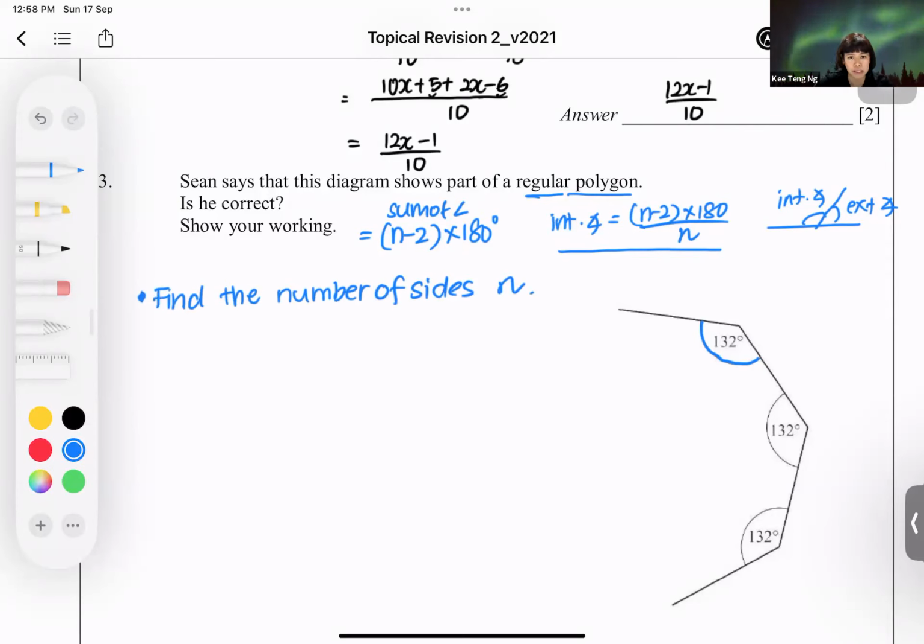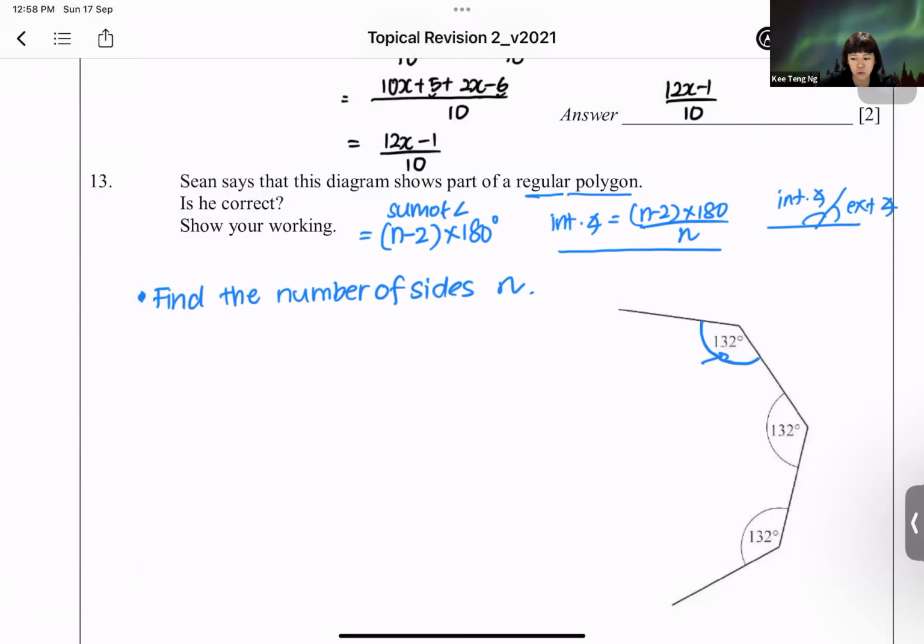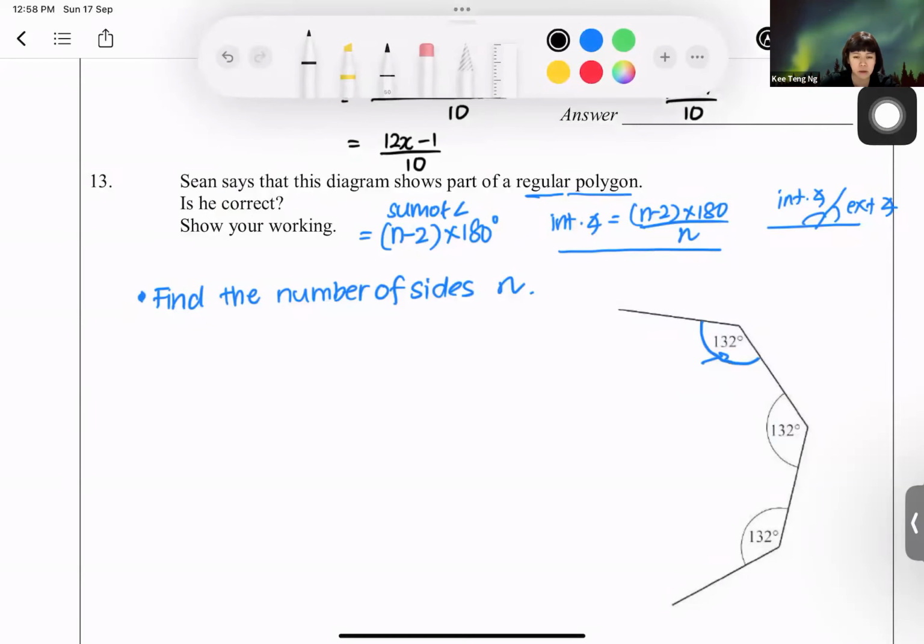How am I going to find the number of sides? I have my interior angle is 132. Now we have two different methods. Not say very different, similar, but one is a shortcut, the one that I teach most of you, and the other type is you can do algebra if you like to. So find the number of sides, right? My interior angle is 132 degrees.